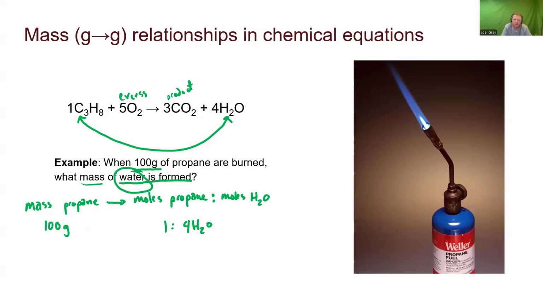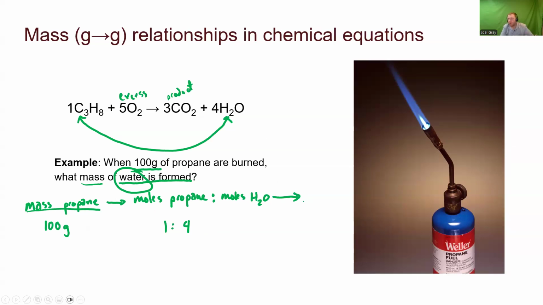Okay, great. So what we need to do then is we have our mass of propane. We can connect that to our moles of propane, which we will do in just a moment. Whenever we are talking about moles of propane, we can relate that, from our balanced chemical reaction, to our moles of H2O.